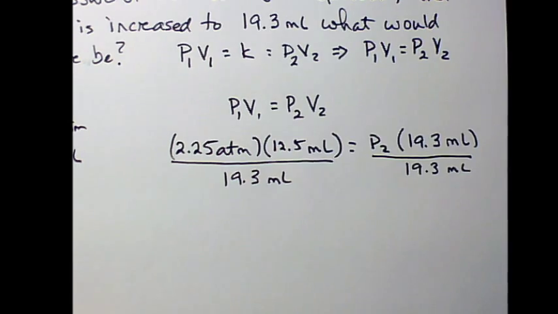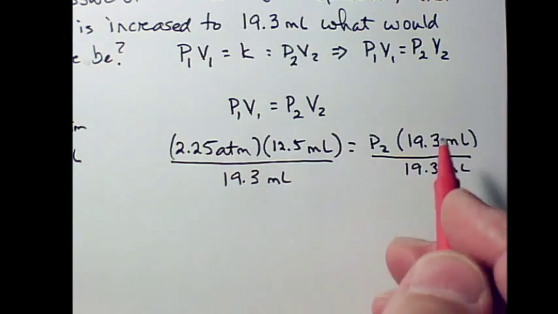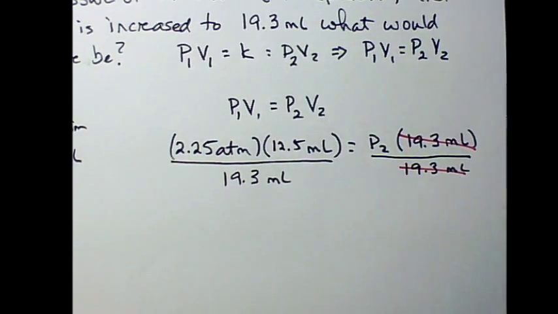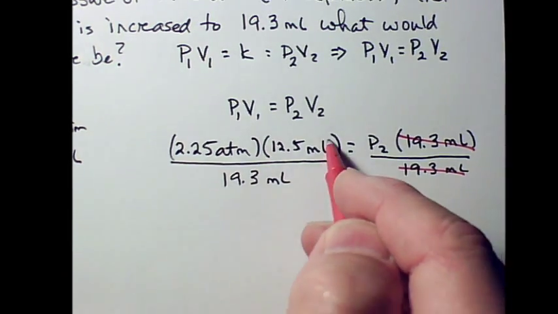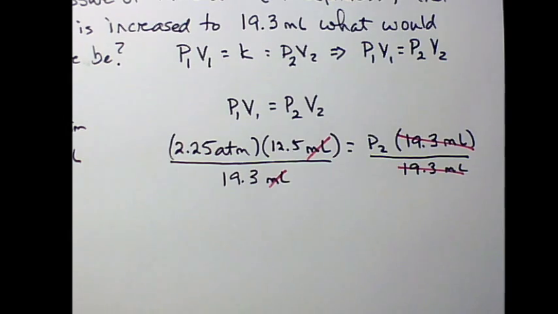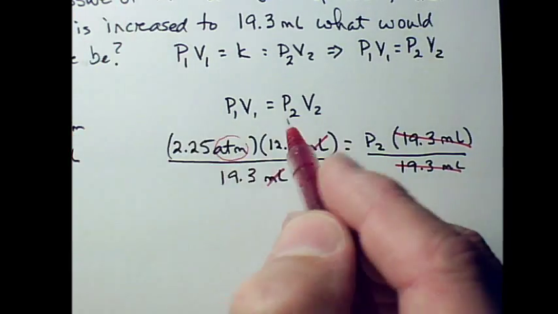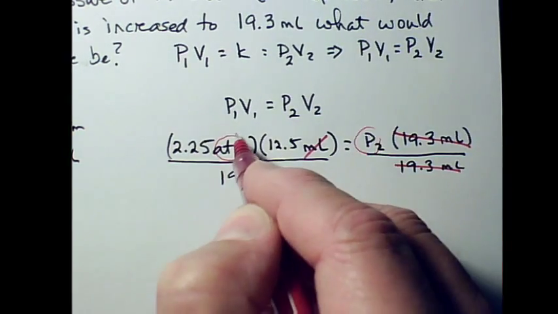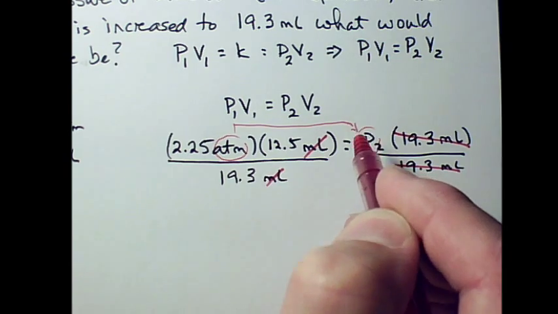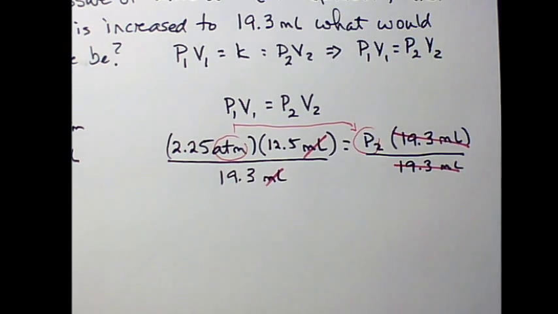What do I need to do to simplify? 19.3 goes away. How about on this side? Can I simplify anything? Milliliters. And what I have now are units of atmospheres. And we already set up here atmospheres measure pressure. So I know I probably set it up properly. Okay? I'm just ready to do the math.